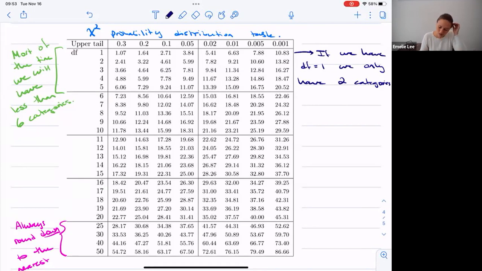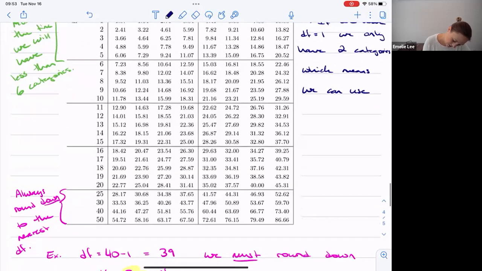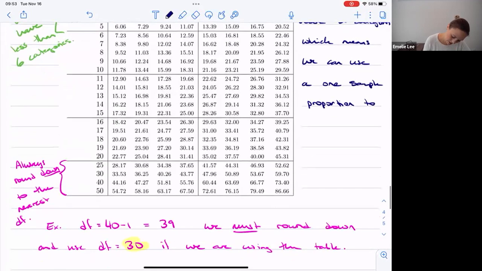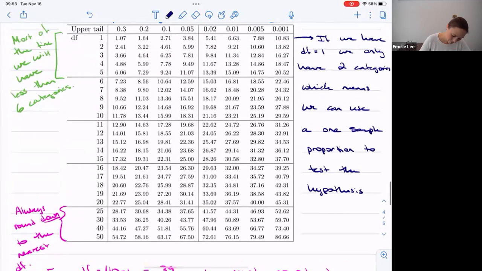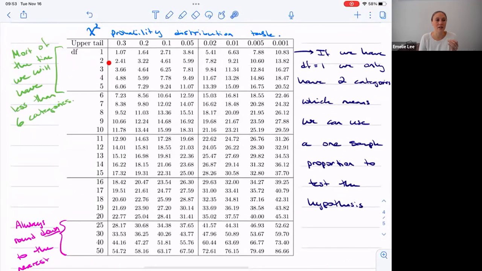So if we have degrees of freedom equal to 1, we only have 2 categories, which means we can use a 1 sample proportion to test the hypothesis. And so for us, we're going to focus on 2, 3, 4, 5 degrees of freedom.